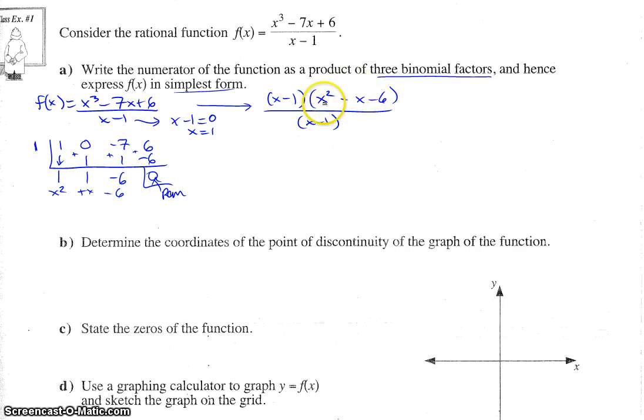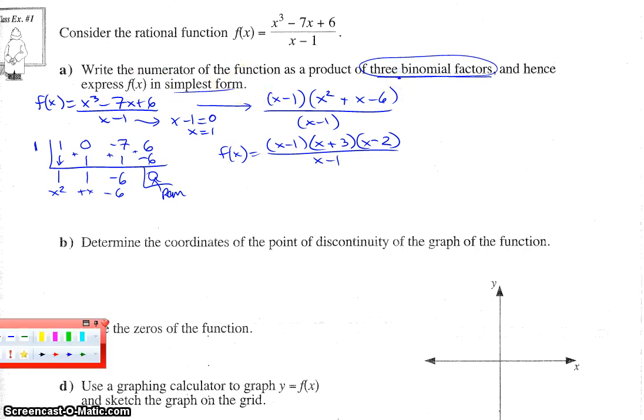So the only thing we have to do is factor that quadratic, which we don't need synthetic division for. We can do that normally. x times x, and then multiplies to 6, 3 and 2, adds to positive 1, so positive 3, negative 2. And there we go. So by doing that, we now have our 3 binomial factors, and hence in simplest form.